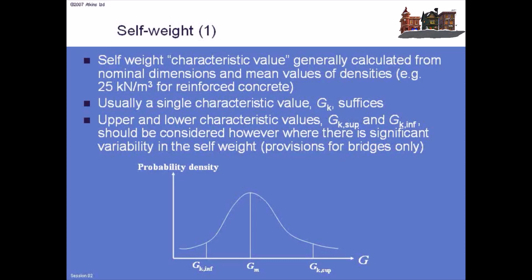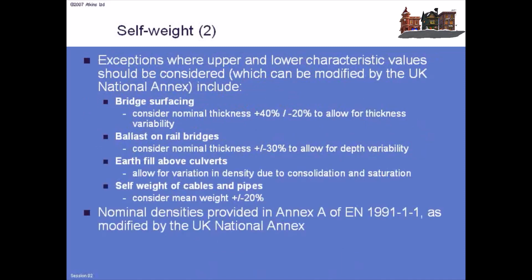So in these situations, and the Eurocode defines loads that you need to consider in this way, you have to consider a lower bound and an upper bound value in your calculations. For example, that covers bridge surfacing, ballast on rail bridges, earth fill above culverts, and self-weight of cables and pipes. And for bridge surfacing, for example, you have to consider 40% more than the value on the drawings and 20% less.